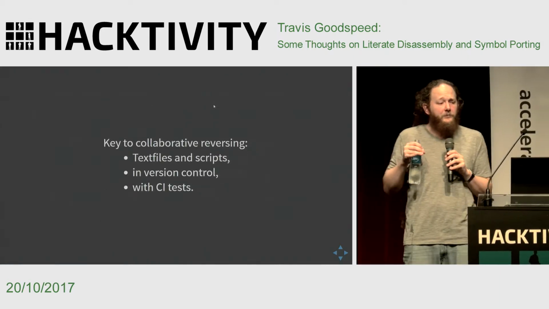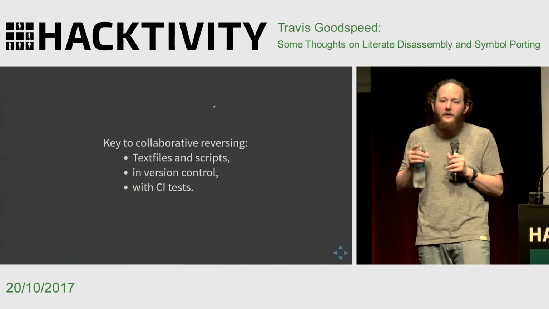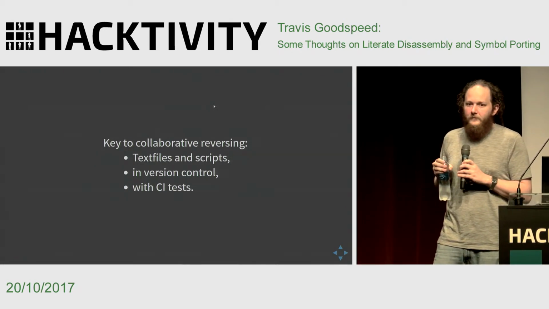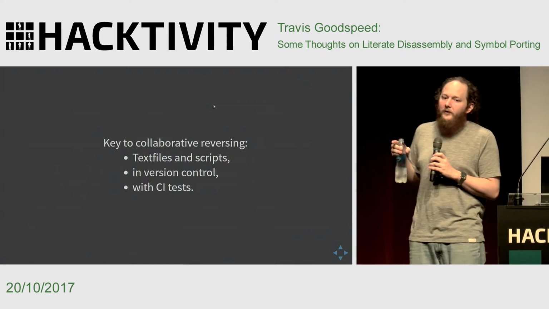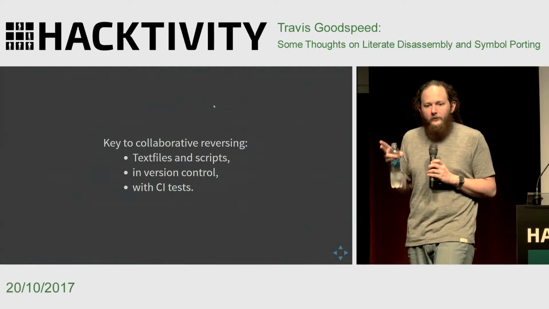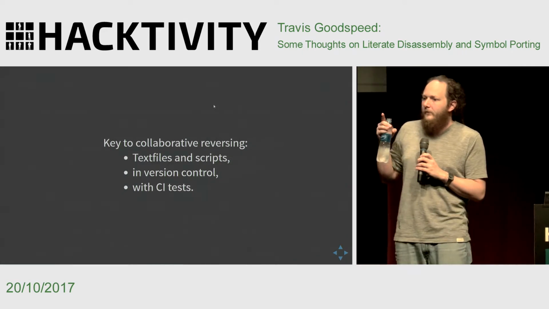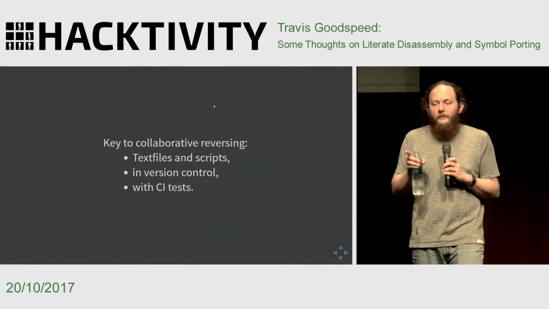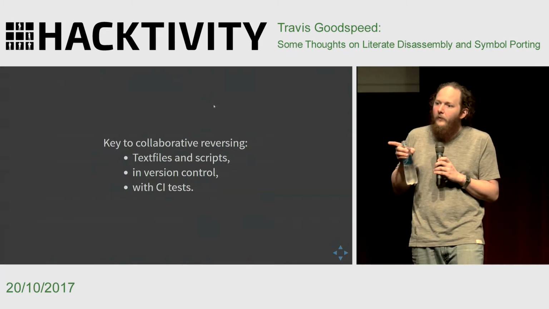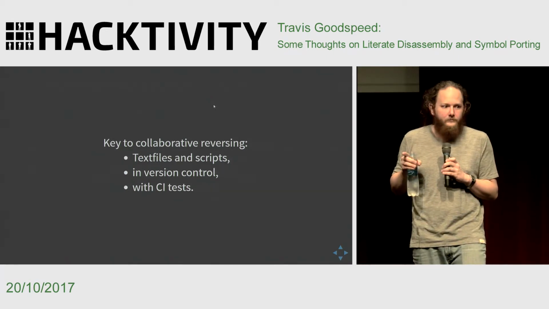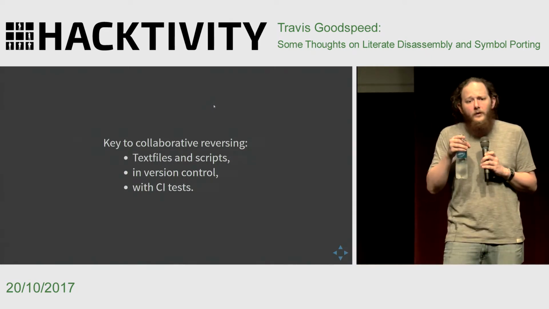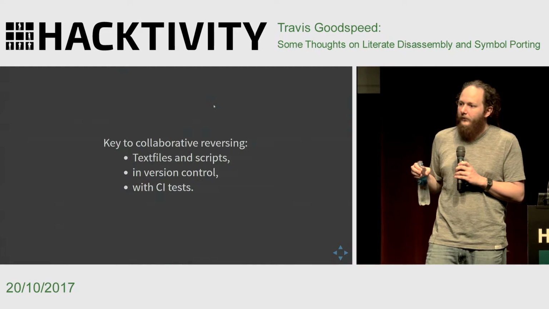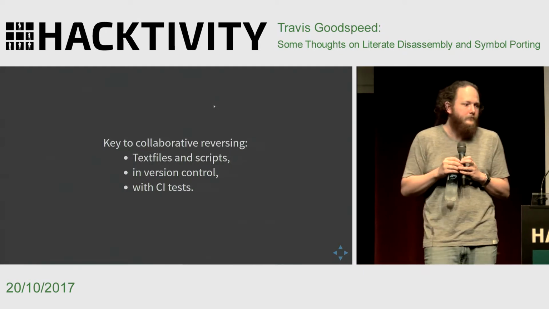So the key to doing this properly is to use text files and scripts in version control with continuous integration. By having text files that describe your symbols and their addresses, that can be grepped to separate whether they're a guess or a fact, to have comments to indicate who added that symbol or who last modified it, you can then know which member of your team is most familiar with a particular function, who gave it that name.